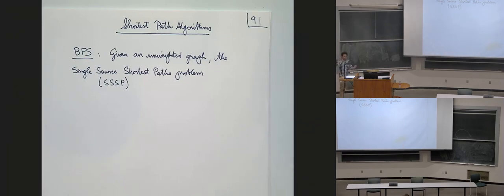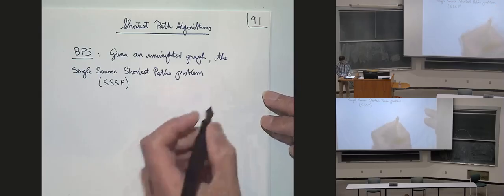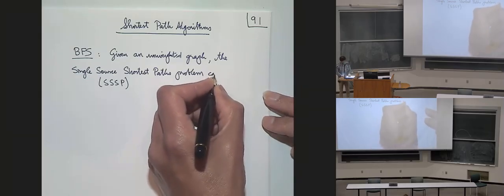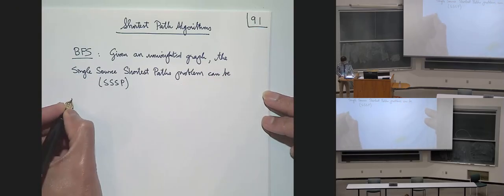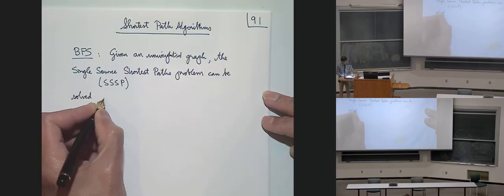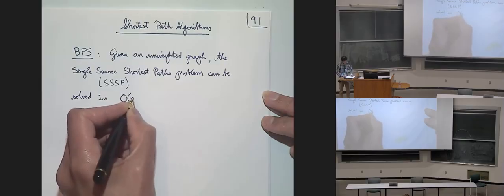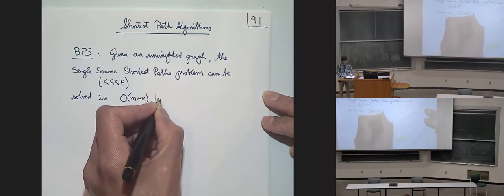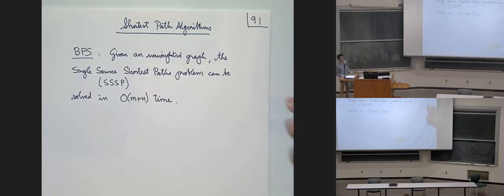So you have one source and you want shortest paths to everything. The single source shortest path problem can be solved in essentially linear time, right? O of m plus n time, number of edges plus vertices. So this is the fundamental thing that we've seen.